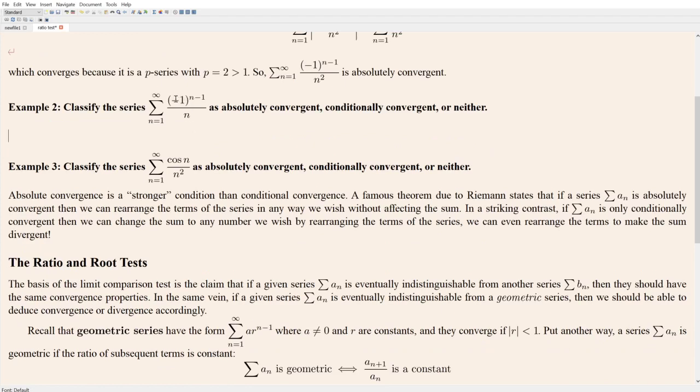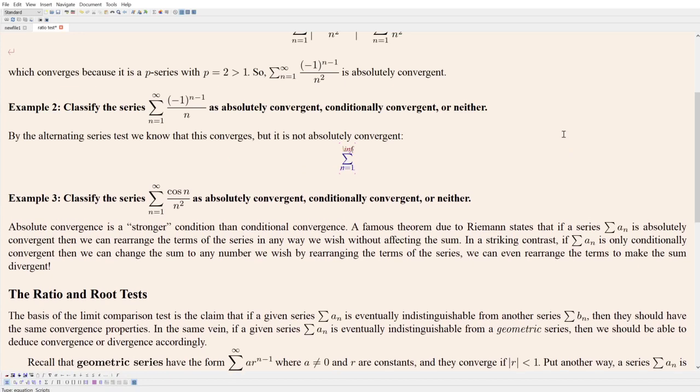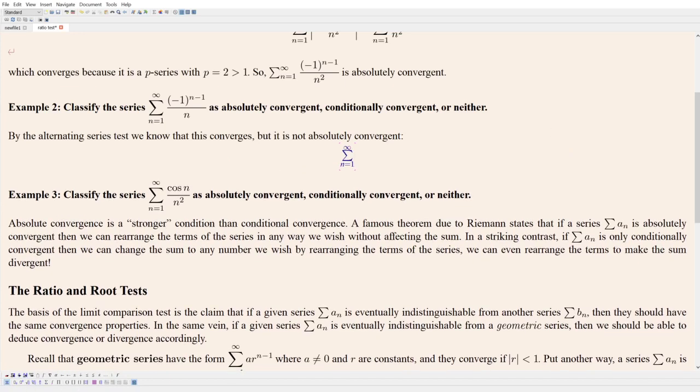Here we have an alternating harmonic series. Well, we know that this guy converges by the alternating series test. But it is not absolutely convergent. Because if you take the series of absolute values, well, that's going to kill the alternator, in which case we just get an ordinary harmonic series, and those are known to be divergent.